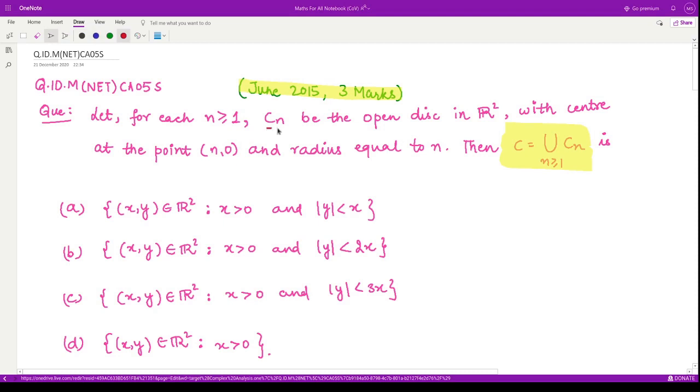Let us first see what Cn is. Cn is basically a circle, right? Its center is the point (n, 0) and the radius is equal to n.